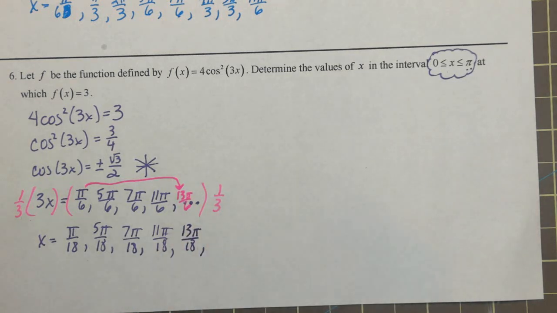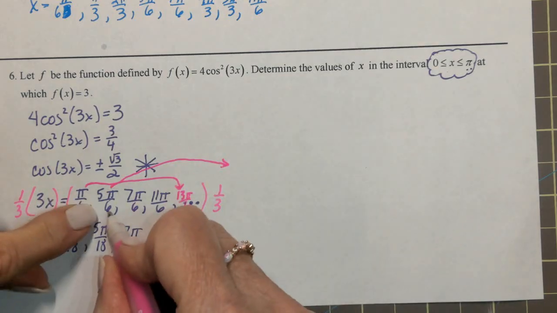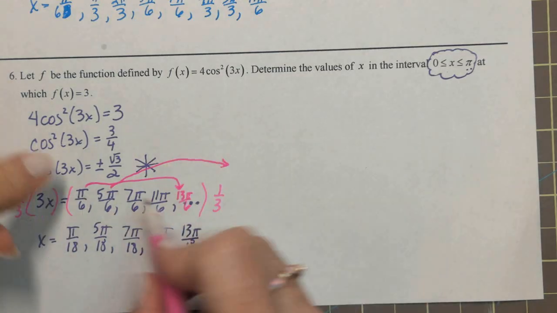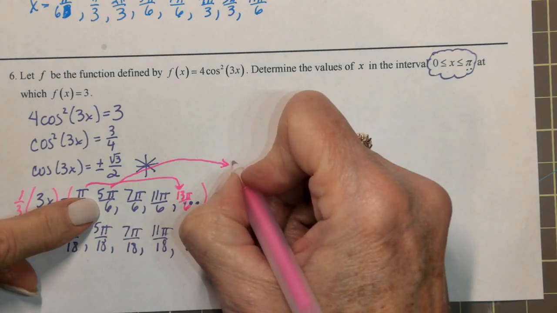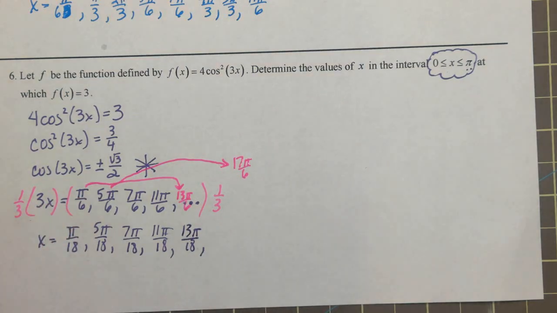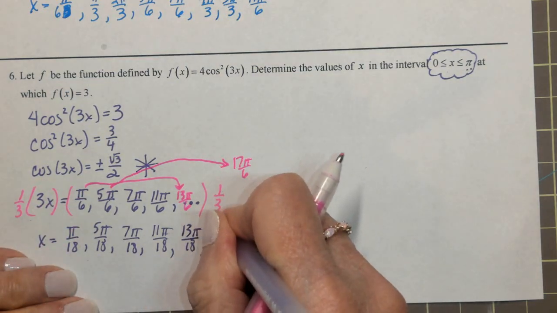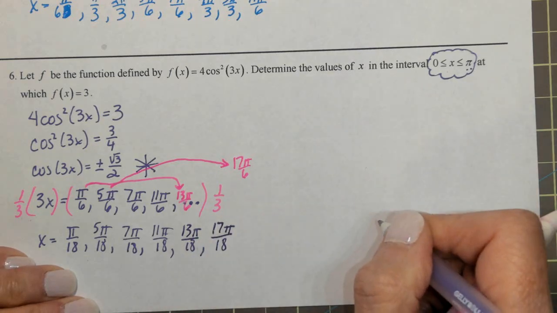Let's keep going. We're going to add 2 pi to 5 pi over 6. So that's going to be 17 pi over 6. So that will be 17 pi over 18, right?